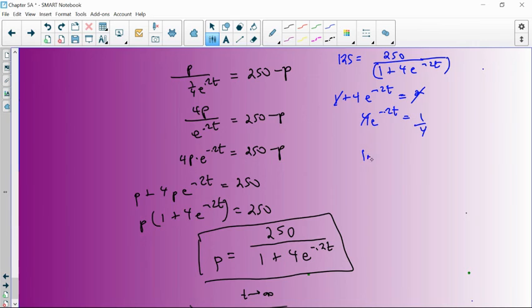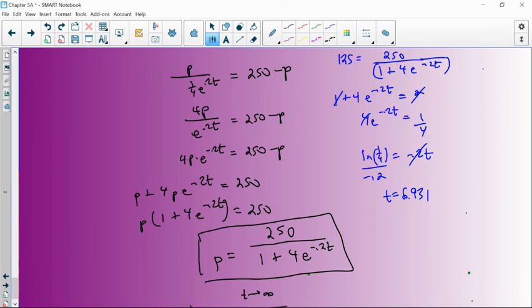So now we have natural log of 1/4 is equal to negative 0.2t, and then we can divide by negative 0.2. And no worries that you're dividing by a negative, because natural log of 1/4 will also be negative since it's less than 1. So I have a value for t equal to 6.931.